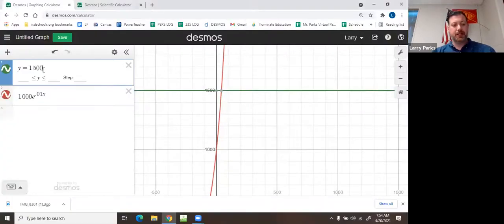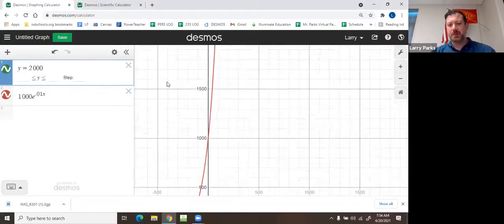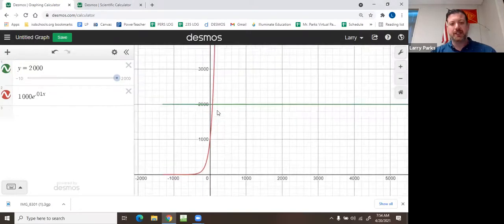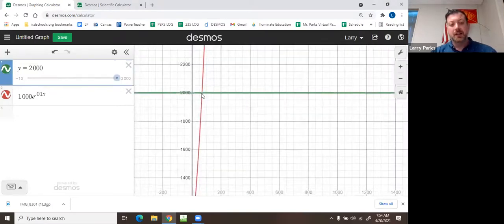And again, you could solve algebraically. Just for time, I've decided not to. 69.315. So after 69 hours, that's when we have 2,000 bacteria.